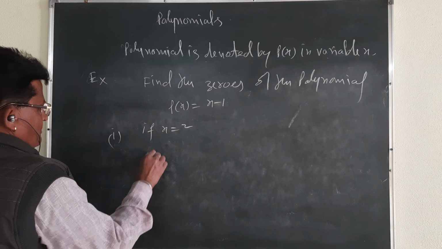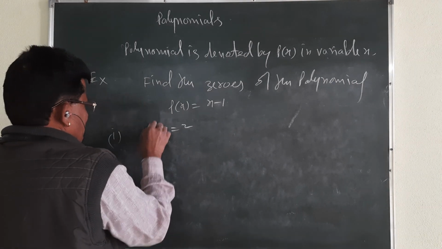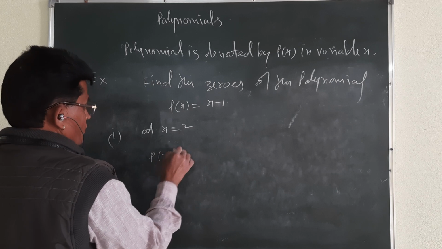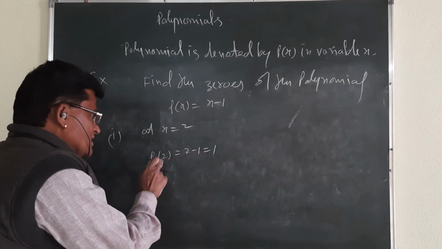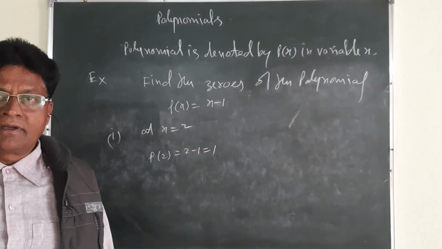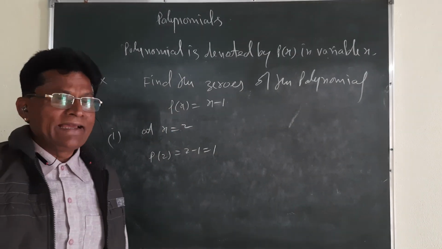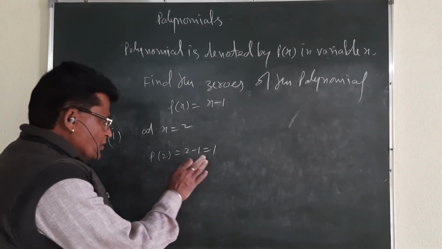First case. Take x equal to 2, P(2) will be 2 minus 1. 2 is not a zero of this polynomial, because 2 will be the zero of this polynomial only if the value of P(2) is equal to 0.